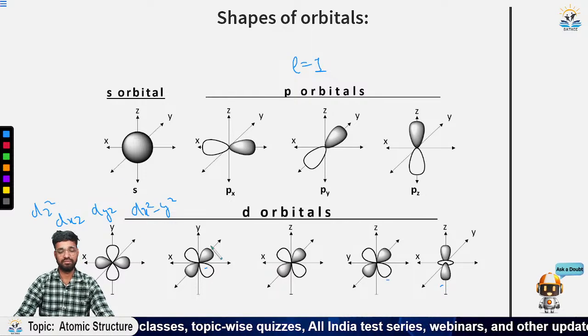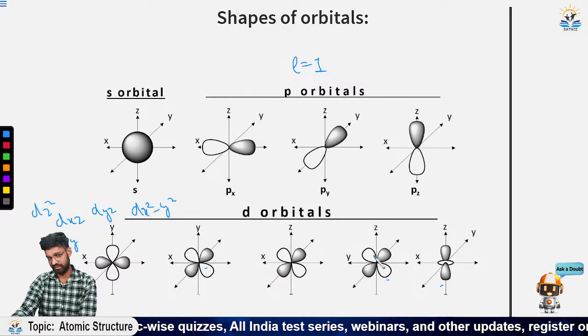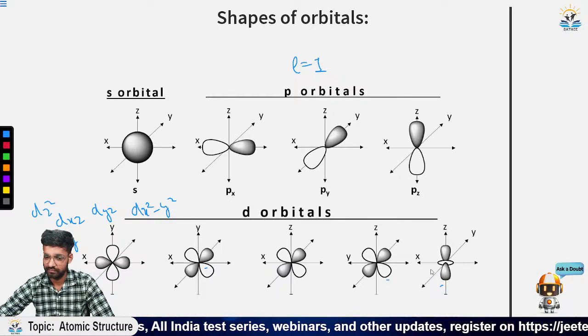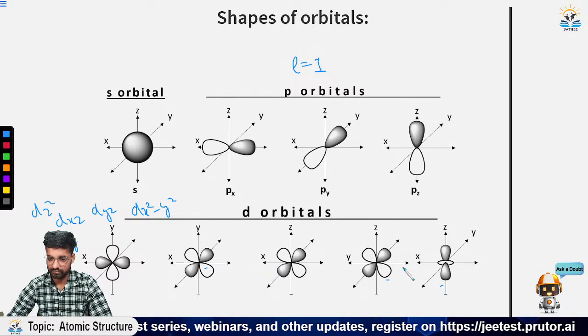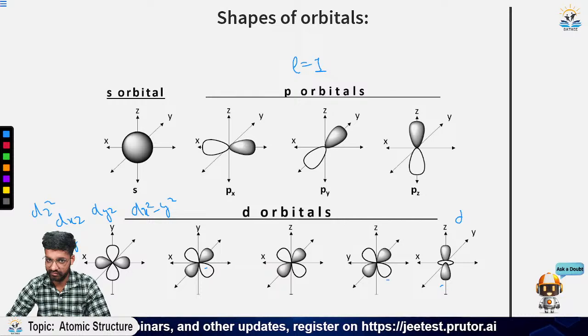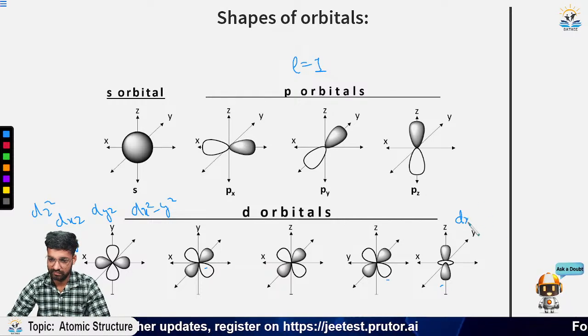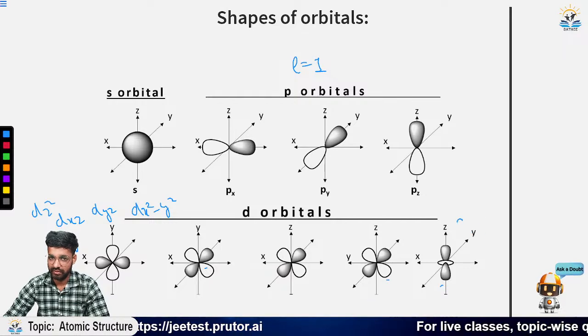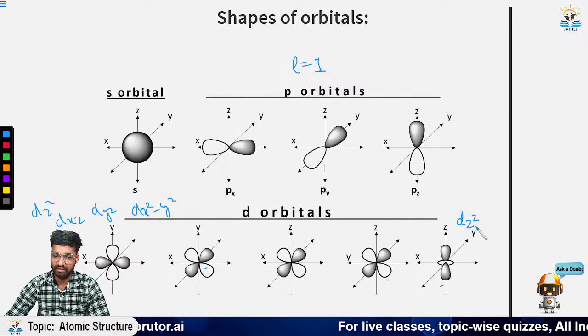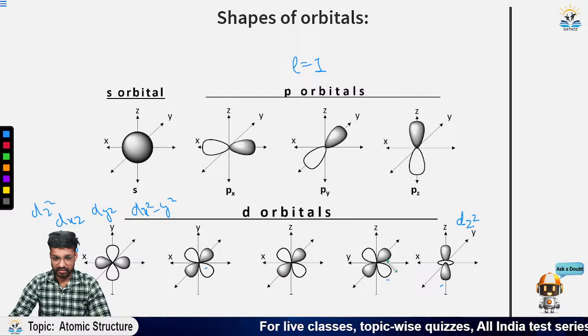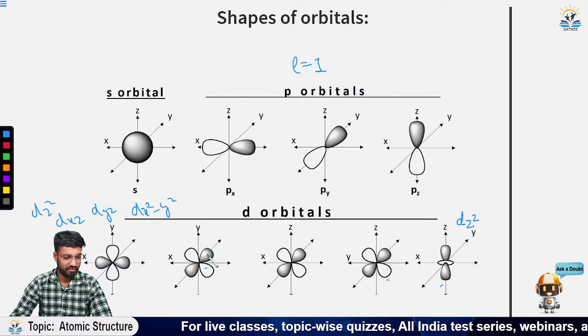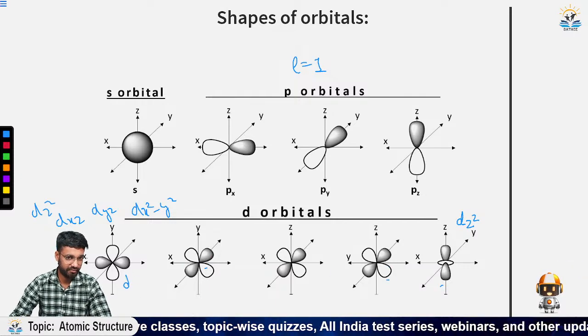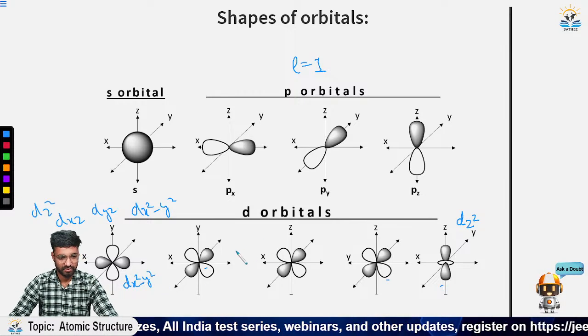So if I write the names here, this one is dz square, and this is dx square minus y square.